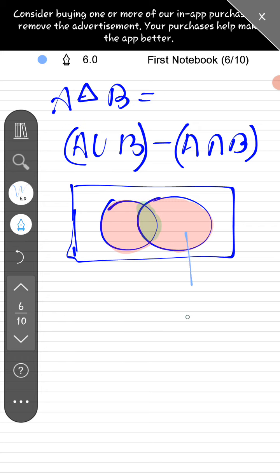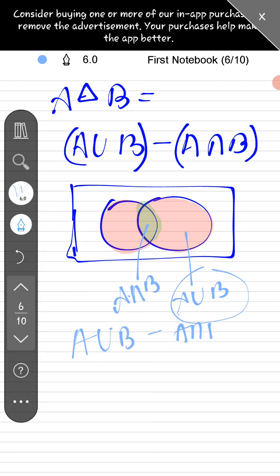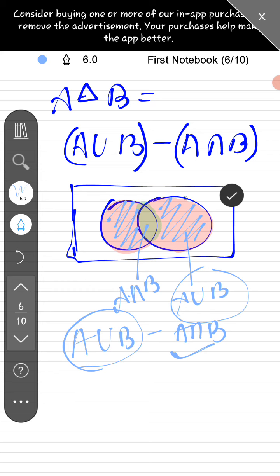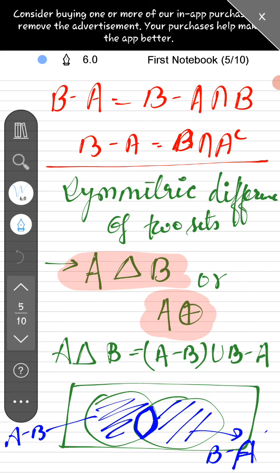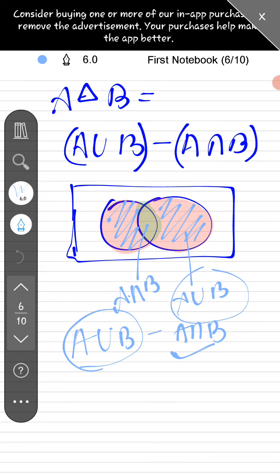Let's write this all. A union B, and this part is A intersection B, right? So what if I subtract A union B minus A intersection B? This means all the elements of this which are not present in this, so we have these parts, and the same is what we got before.